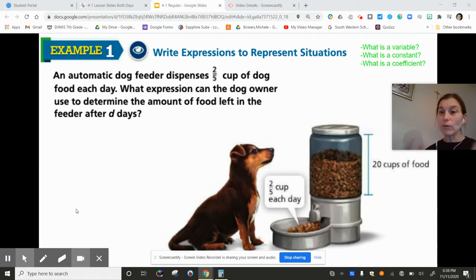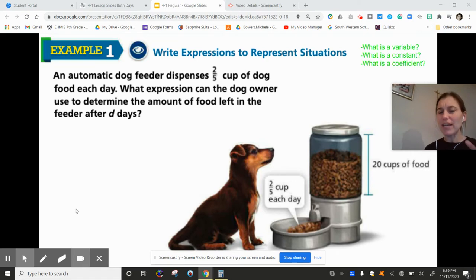So it starts out with 20 cups of food. And as the days go, if it's full of 20 cups of food, every day it's letting out food. So it's losing food each day. How much food each day? Think about it this way.